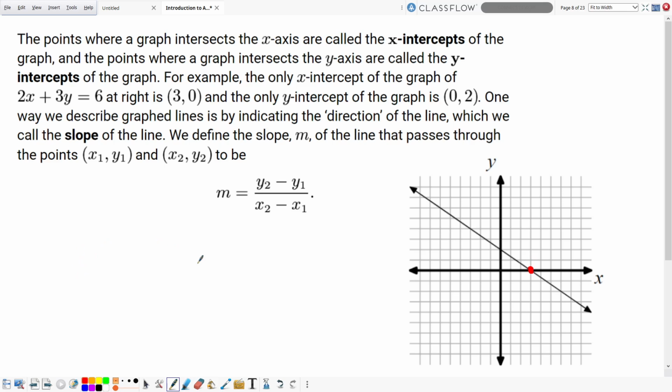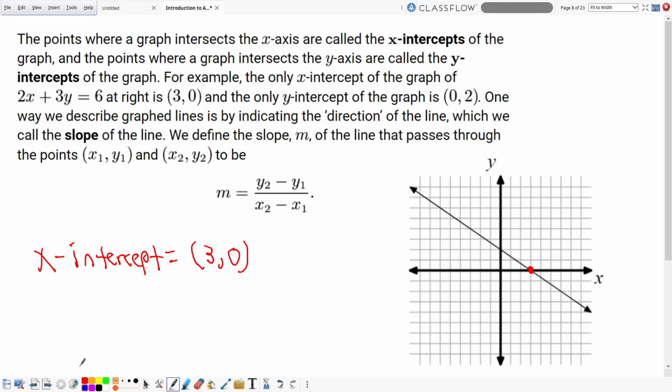So that means my x-intercept is going to be the coordinate, and we can see that is 3, 0, because that is where our line crosses the x-axis.